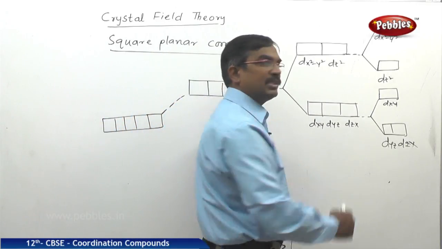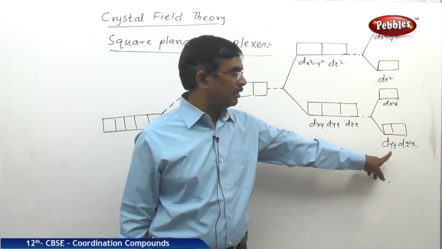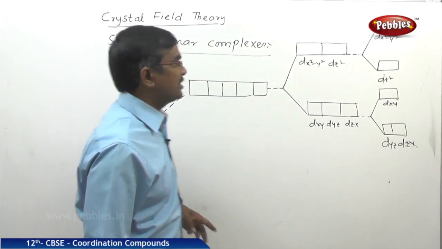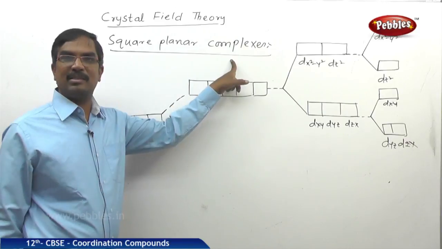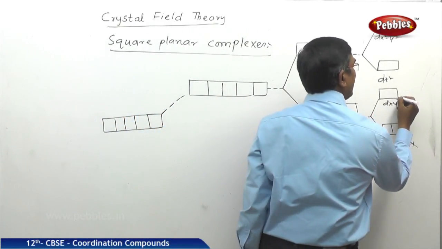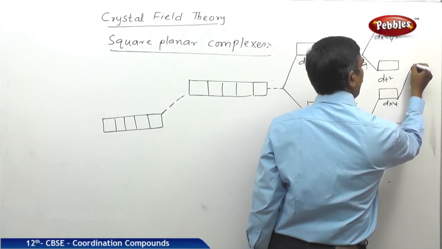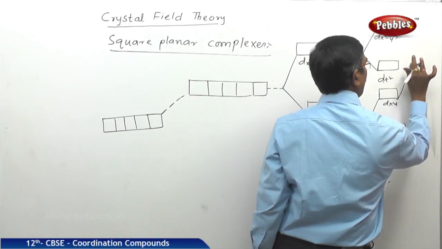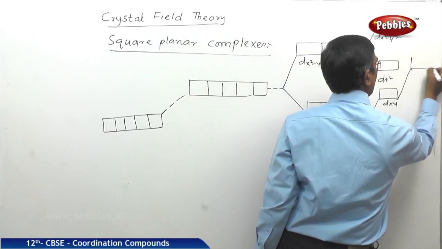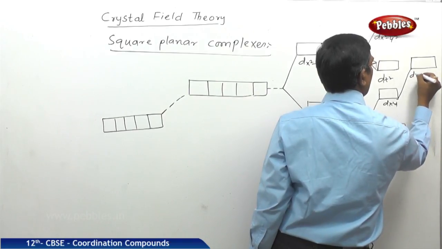Now, up to here it is octahedral followed by splitting here, and exactly in the case of the square planar complexes, there is further splitting where the energy of this will increase further. This is dxy.